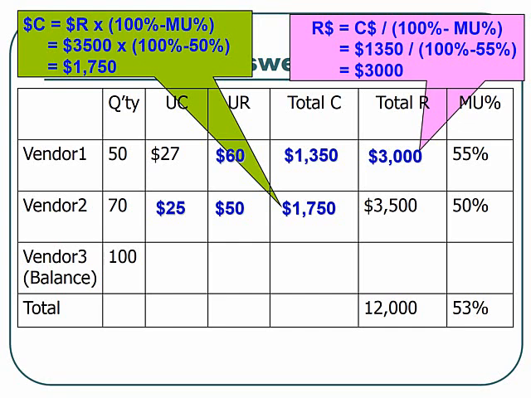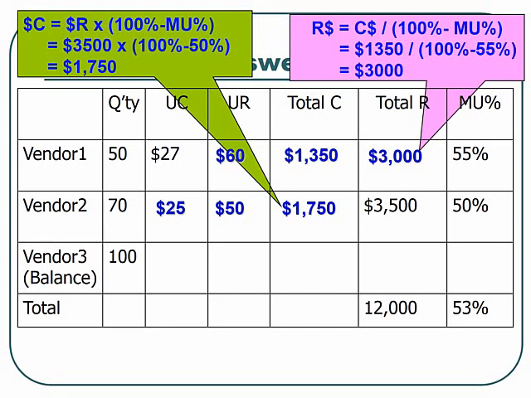So that's 25 for the unit cost and 50 for the unit retail. That 25 will be the average cost per unit for the purchase from vendor 2, and then 50 will be the ARP, average retail price, for the purchase from the second vendor, right? Okay, now we're done with the second vendor's row.